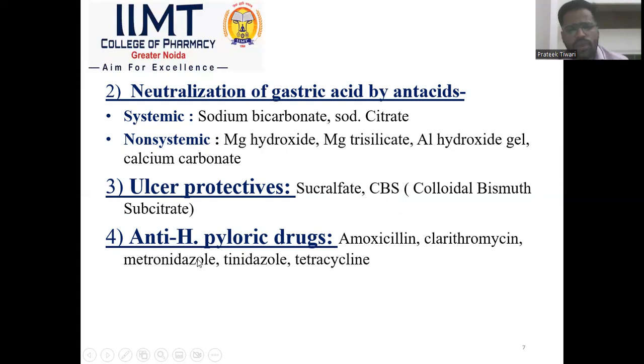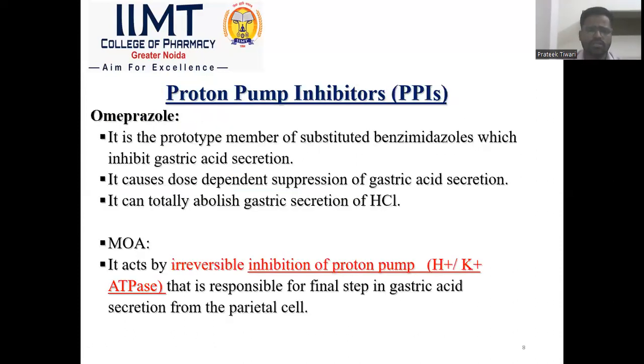There are also anti-H. pylori drugs, because H. pylori is one of the major etiological causes of different kinds of ulcer. So we use amoxicillin, clarithromycin, metronidazole, tetracycline, tinidazole, if the ulcer is due to H. pylori.